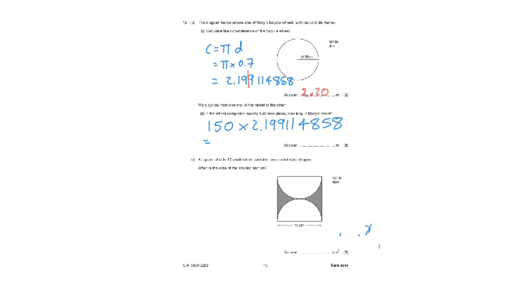So times that by 150, that's already in my calculator, is 329.867 to 3 significant figures. Again, we've got another 9 that rounds up, so that's going to be 330 meters.